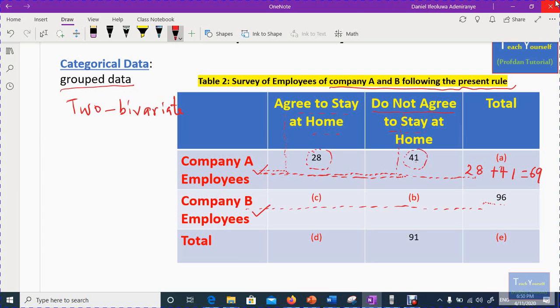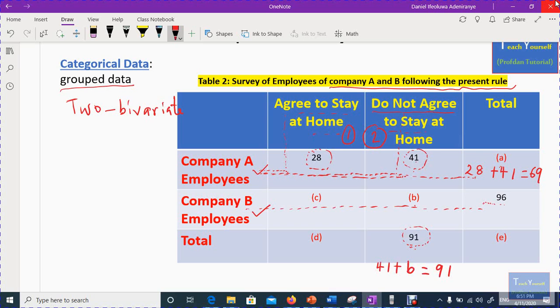If you look at this column here, let me call this column 1 and this column 2. If you look at column 2, down we have the total 91. This total here is showing the whole of do not agree to stay at home. That is 41, and this B will give you a total of 91. So that means we can get B out. We have 41 plus B will give us a total of 91.